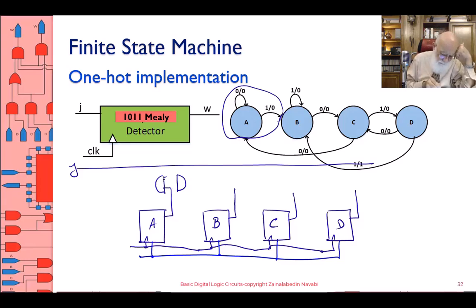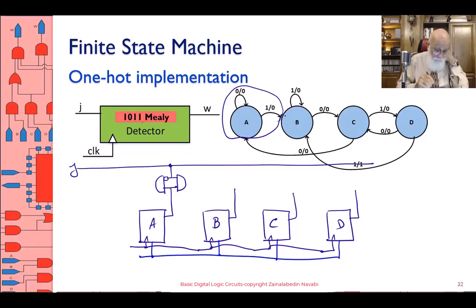If J is 0, then I activate state A. See, when J is 0, I activate state A. And when J is 1, I activate state B. Again, when I'm in A, if J is 1, see, I'm not using a bubble for the right-hand side, and it goes into state B.